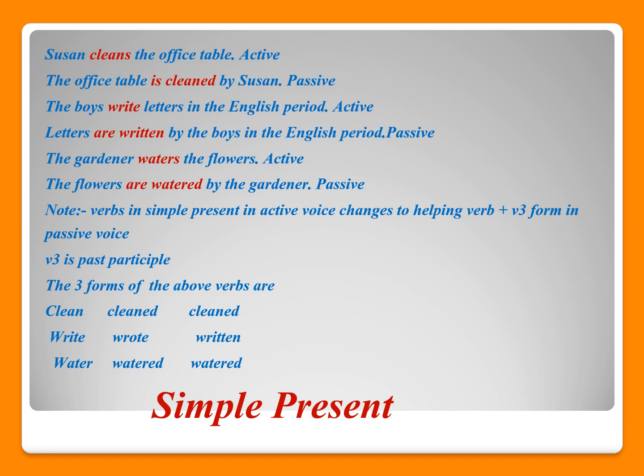This is a weak verb where the past tense and the past participle, that is verb 2 and verb 3, remain the same. When the verb is write, the second form is wrote and the third form is written. Water is a weak verb and the past tense and the past participle remain same. So it is water, watered, watered.